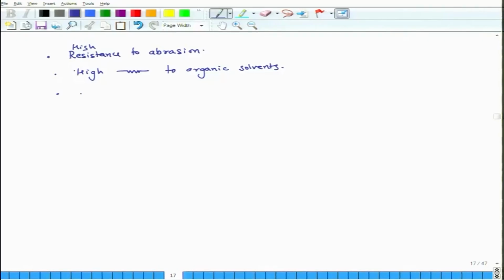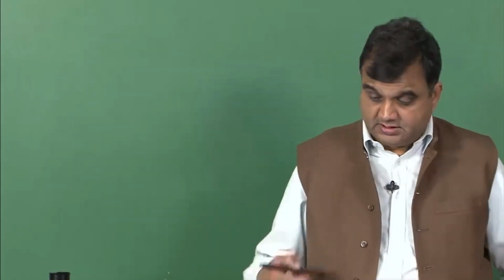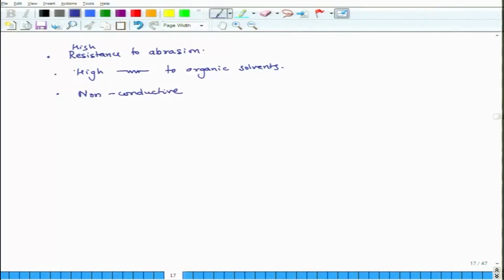So, in that sense they are very robust compounds. Non-conductive. So, you cannot use graphite fiber in situations where you want low conductivity, because graphite has a very good electric as well as thermal conductivity. These are non-conductive both for electricity as well as temperature.